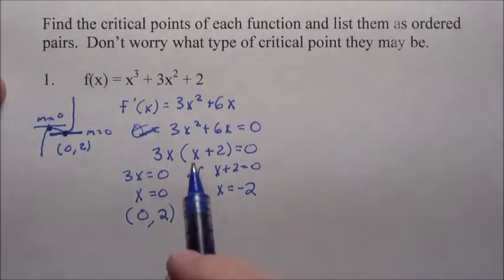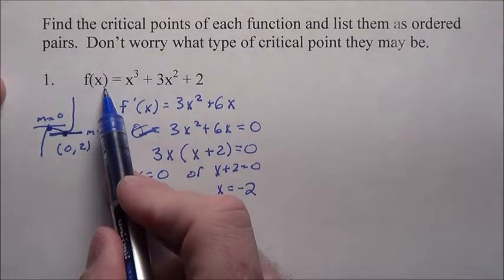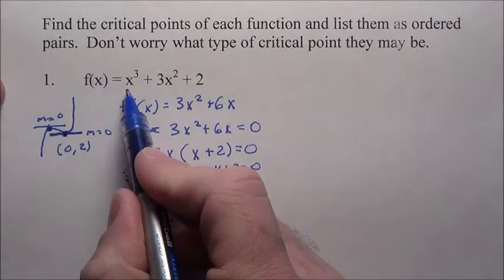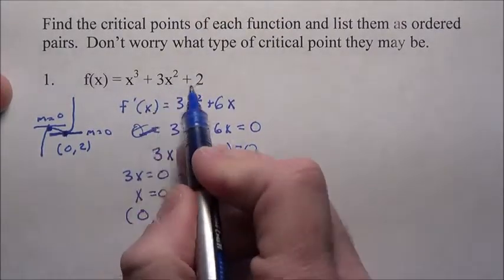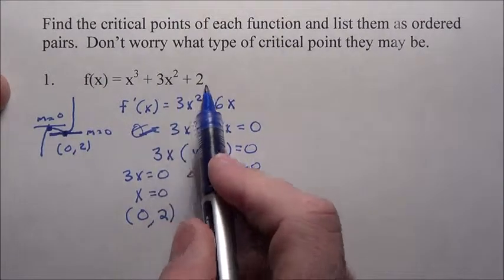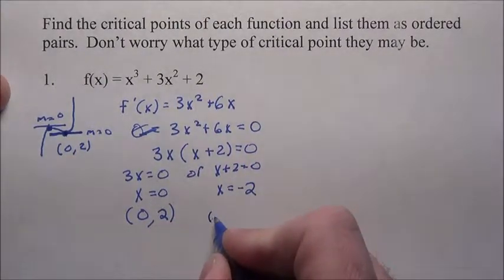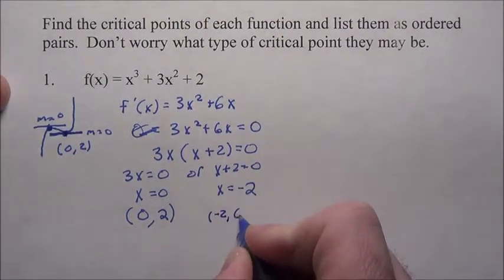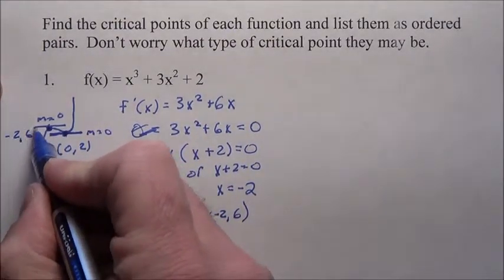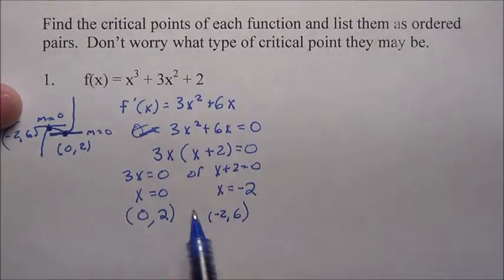We plug those x values back into the original equation to find the height, the y value. So now I plug negative 2 in here: negative 8 plus 12 is 4, plus 2. I get the ordered pair (negative 2, 6).